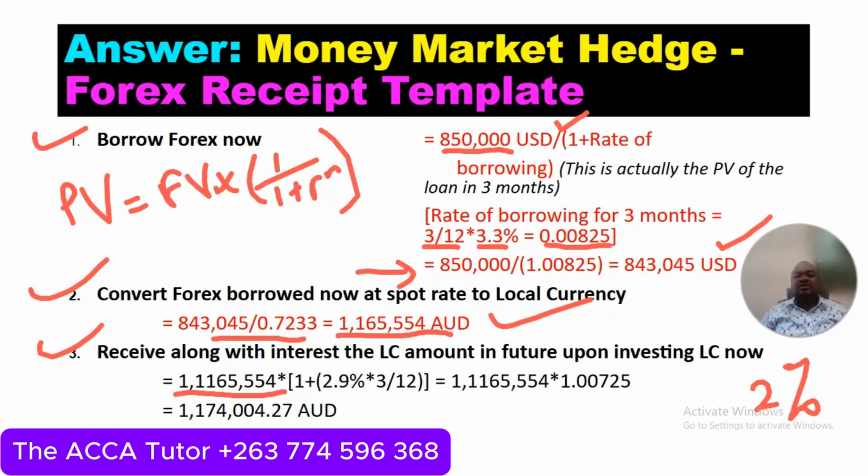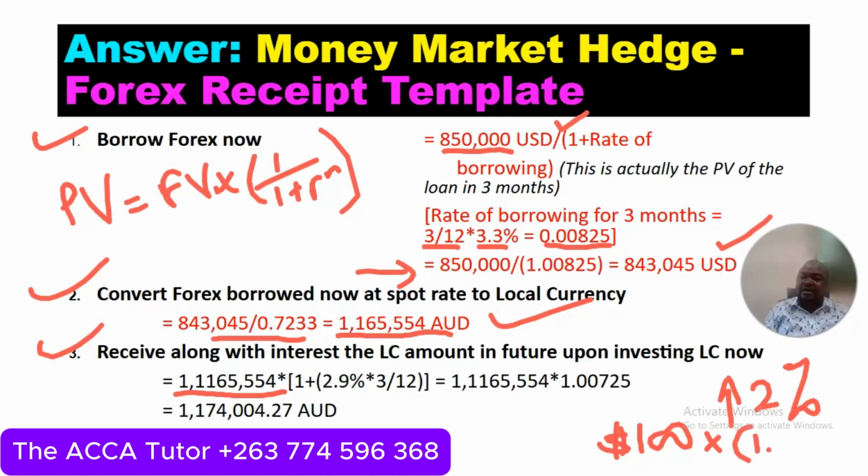Your money is going to accrue some interest. It's going to earn some interest by the end of the day. So it will increase in value. Let's say the deposit rate of interest or the investment interest is 2%. If you had put, let's say, $100 in your bank account, and the interest rate is 2%, then to increase this by 2%, we need to multiply by 1 plus 2%.